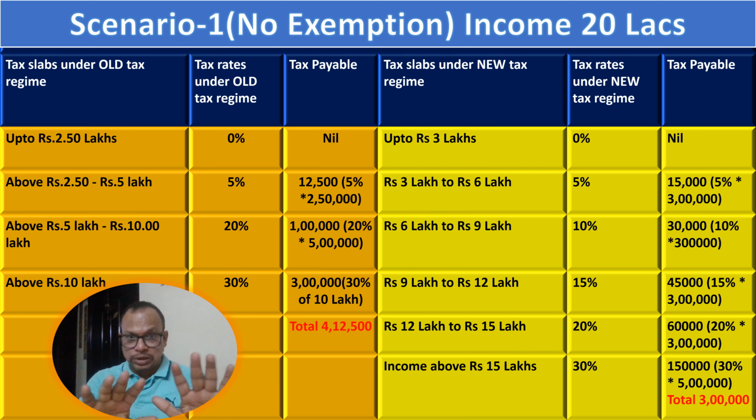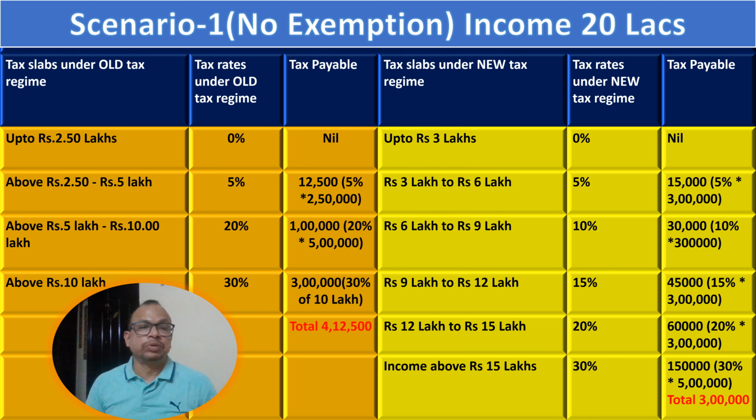I am giving this example without taking into account any deduction or exemption under the old tax regime, because in both scenarios the standard deduction has been introduced, that is 50,000.